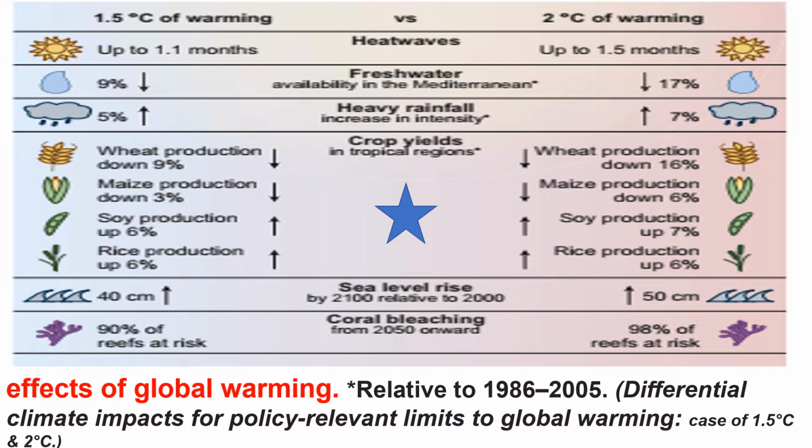Wheat production will go down by 9%, maize production will go down by 3%, soy production will increase up to 6%, rice production will increase up to 6%.